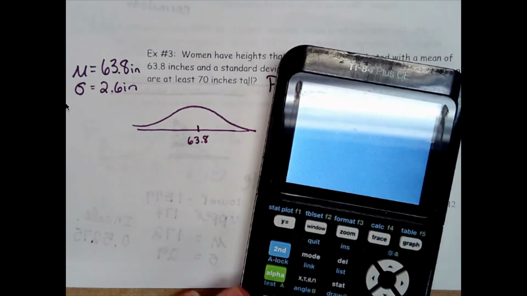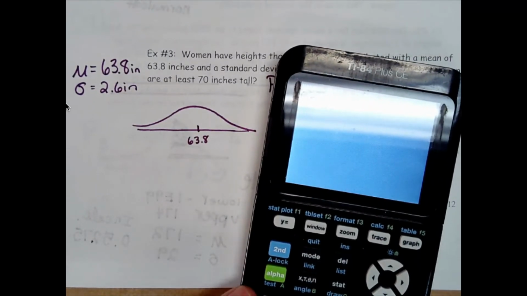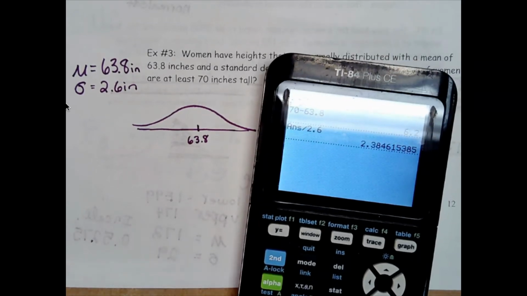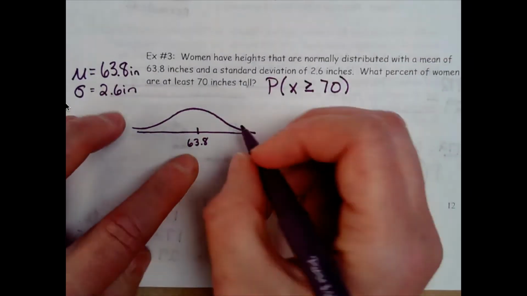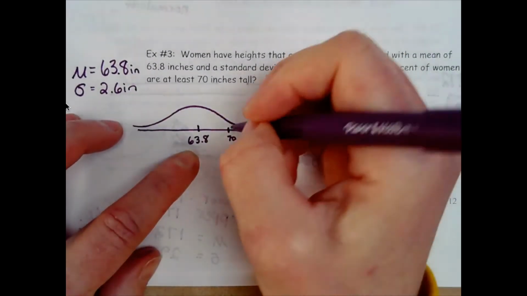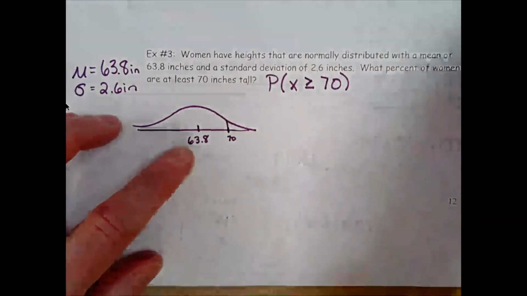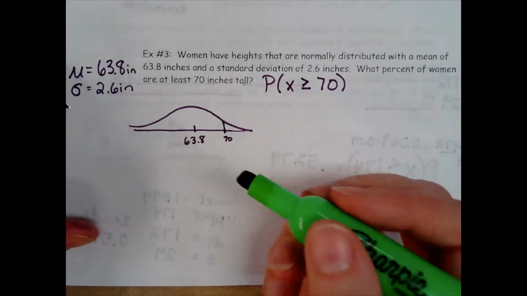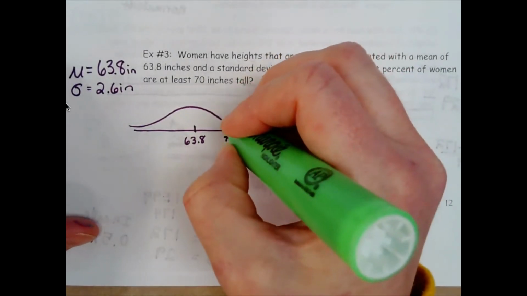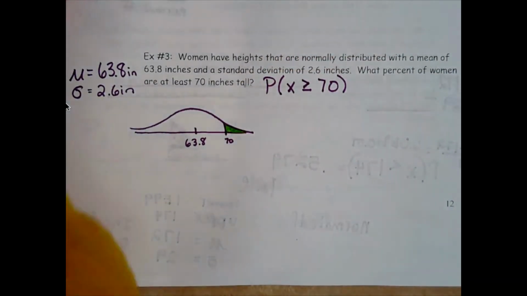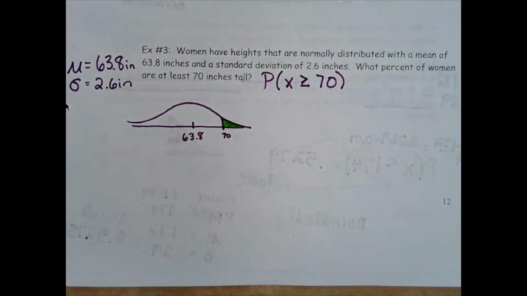Well, I guess I should do 70 minus 63.8 divided by 2.6. It's more than 2. So it's right around here. So which way am I going to shade to be at least 70? To the right. So this is going to be a small percentage.